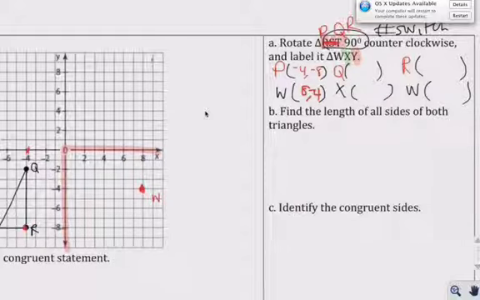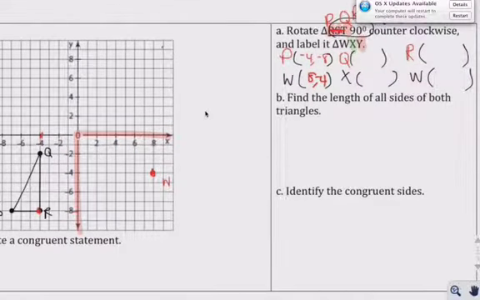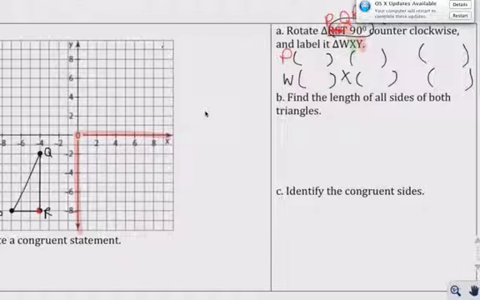Sorry. This is not it. PQR. Anyways. P. Wrong. 90 degrees still right here though. I'm still correct. Counter still here.